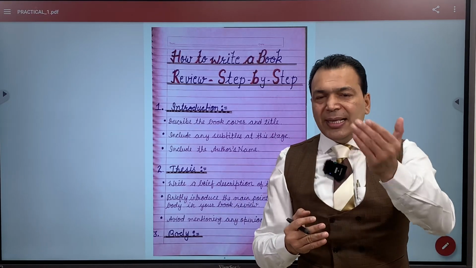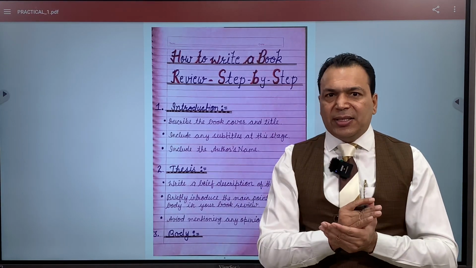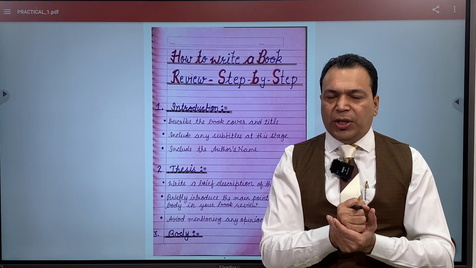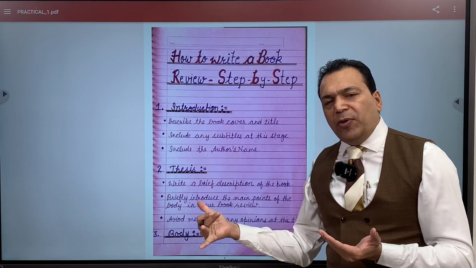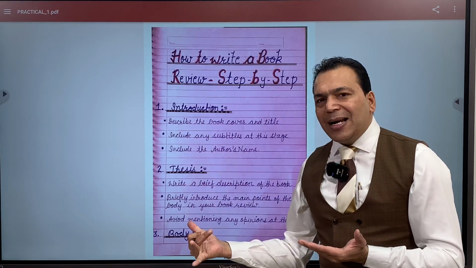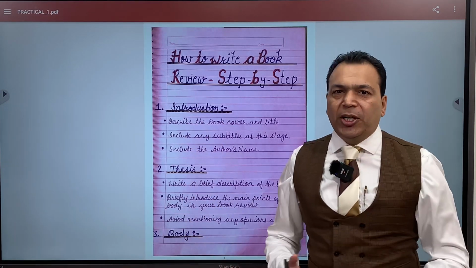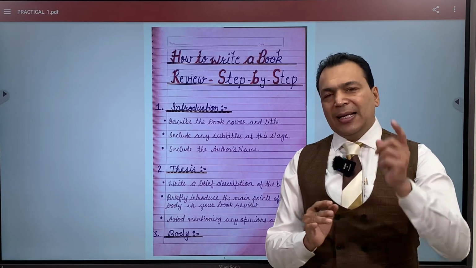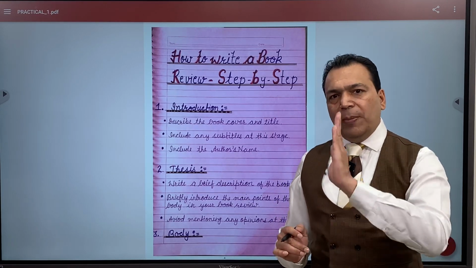In a dissertation, the second chapter is the review of related literature. If you don't know how to review a book or a research article, or how to write an article, how have you completed your dissertation, right, guys?